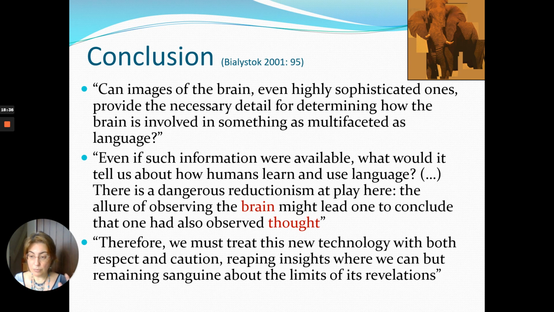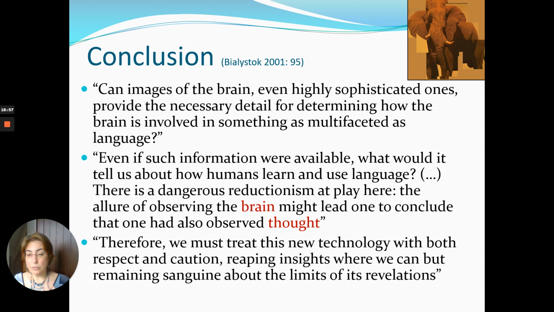Okay, so yes, we see how the brain works. We see how the brain reacts or is working at the same time that thought and other mental abilities are operating.